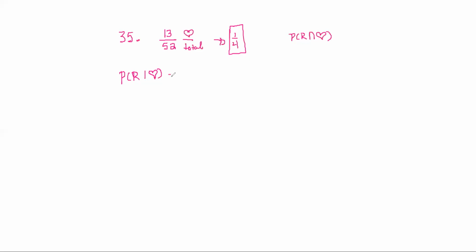Intersecting with getting a heart. Okay. So this is, sorry, I'm just trying to set up the problem in a way that is absolutely clear what I'm doing. Okay. So that is 0.25. This is a little bit harder to think about.